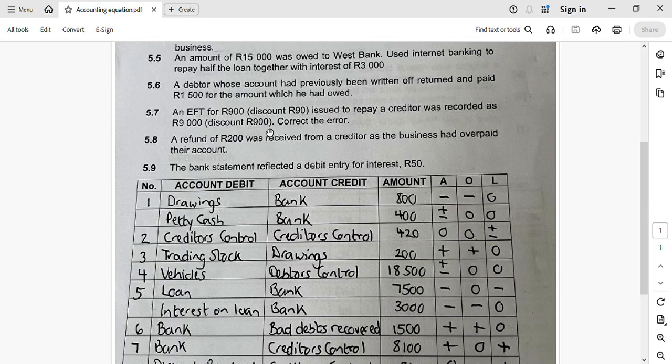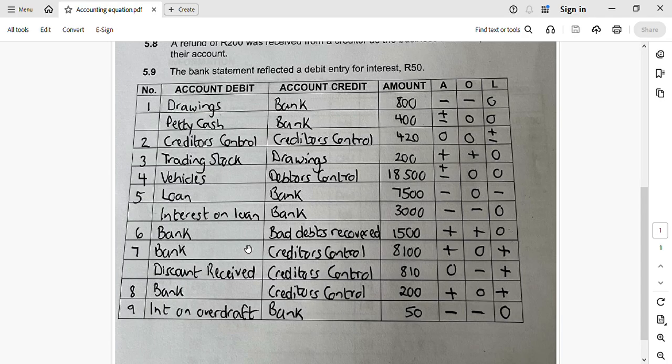Starting with the EFT amount, we need to add back to bank now because we took bank down by too much, and we need to add to creditors control because we decreased creditors control too much. Liabilities increase and assets, your bank, increases.